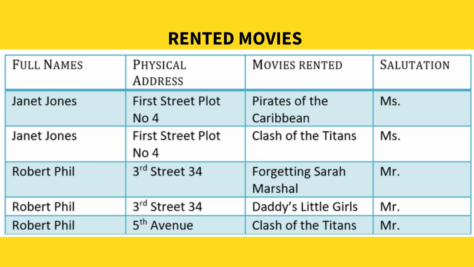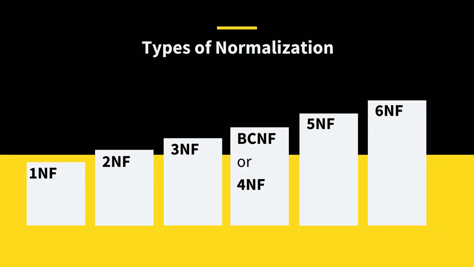Before knowing how normalization can solve these issues, we first have to know the types of normalization. There are first normal form, second normal form, third normal form, Boyce-Codd normal form, fourth normal form, fifth normal form, and sixth normal form.